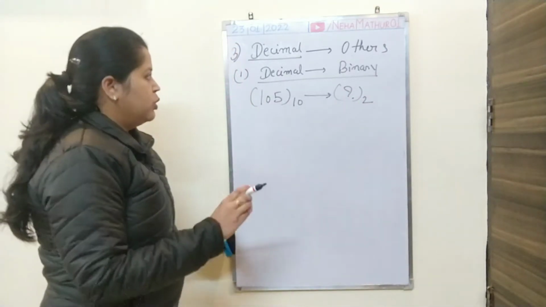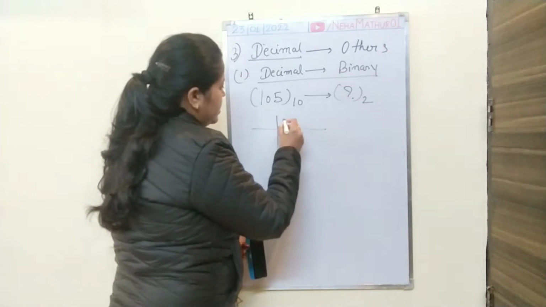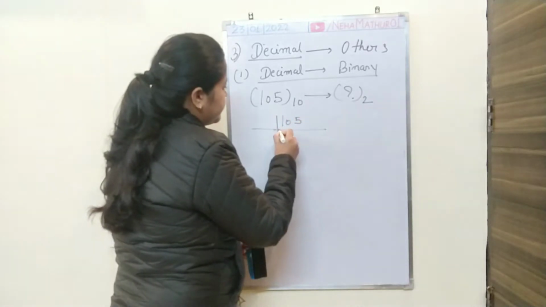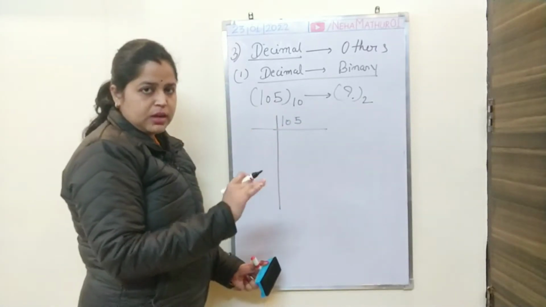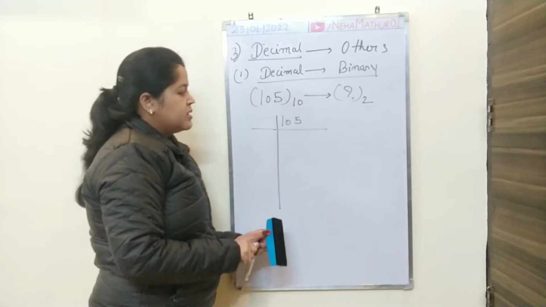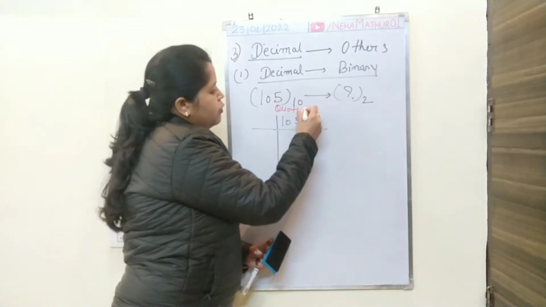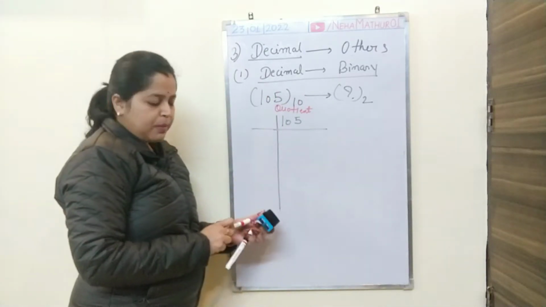Fine. So here I have to take a division process. 105 is your given number, which I can consider as a quotient. You want to convert that number into the binary number system.